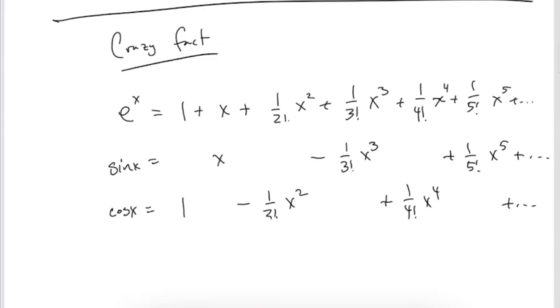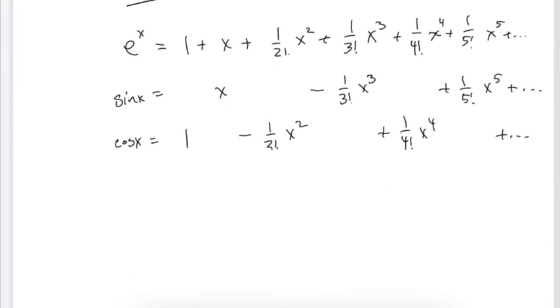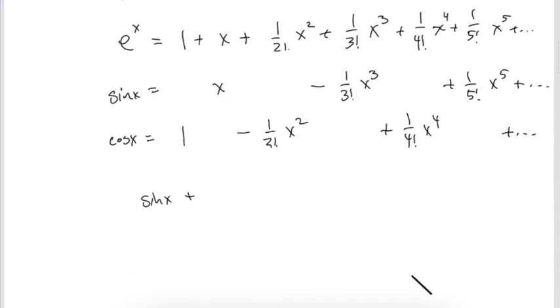It looks to me like if you were to add up the sine x and the cosine x, they have these gaps, but they would fill each other in, and they kind of add up to be e to the x, although it doesn't exactly work out because of the signs, right? The negative signs, the minuses and the pluses, don't quite add up in the way that you would like. So can I just say sine x plus cosine x almost looks like that?